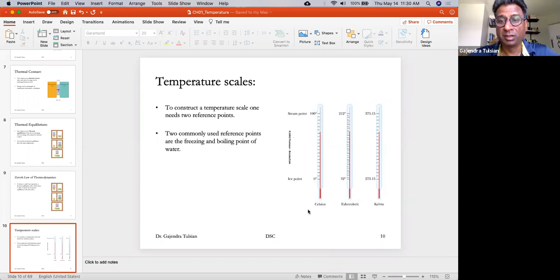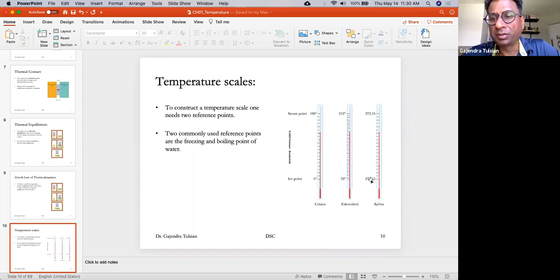So to make a scale, you assign a value to each phenomenon. The Fahrenheit people call the freezing point of water 32 degrees Fahrenheit, and the boiling point 212 degrees Fahrenheit. The Kelvin scale is 273 degrees Kelvin, and that's 373 degrees Kelvin.